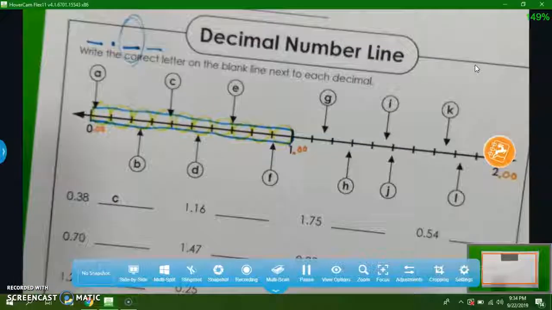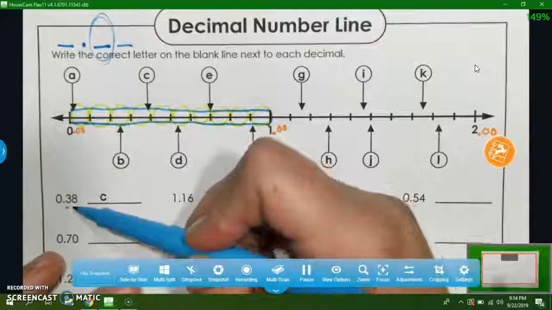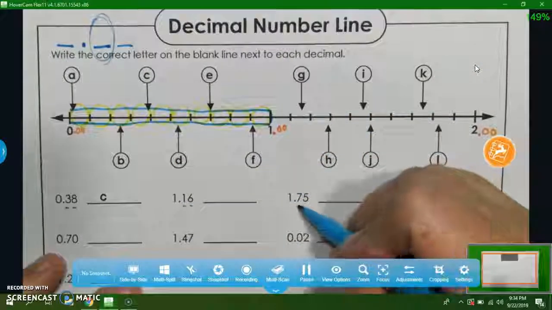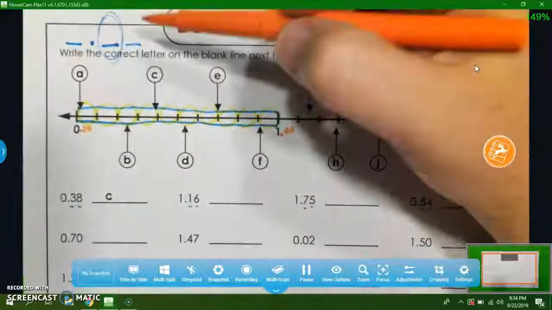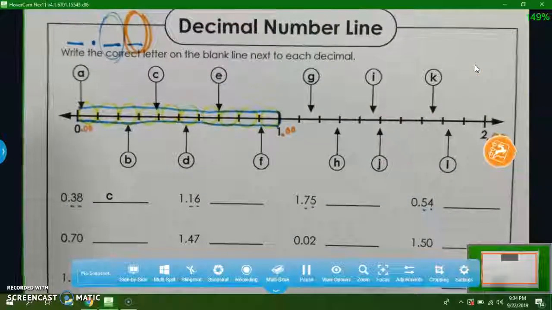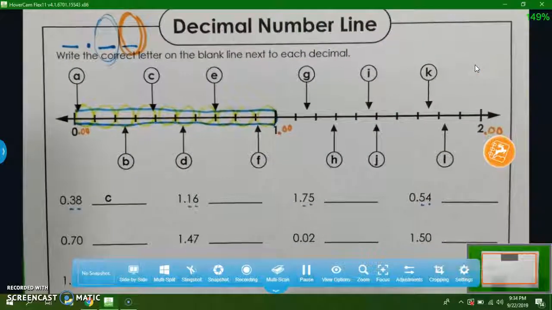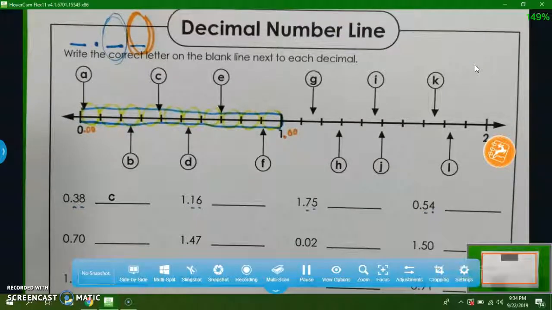But when you look at your answer choices, everything goes a little farther. It goes all the way to the what? To this hundredths place. So this number line is going to use a little bit more thinking to get through. And we will continue to think through this one on our next video.